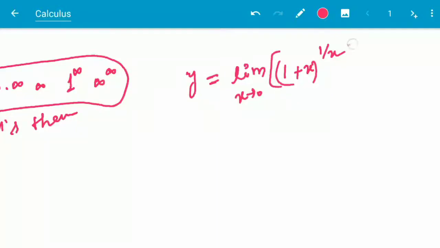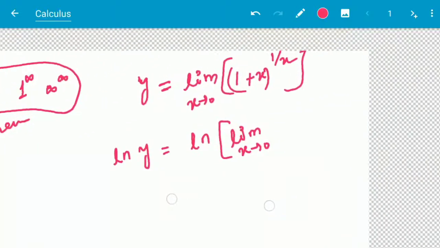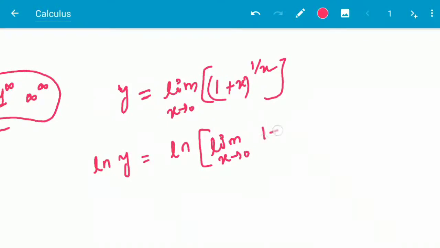This is given. This is actually the answer y, where we have to find out the value of y. So if we take logarithm of both sides, ln y is equal to ln of limit x tends to 0 of (1 plus x) whole to the power 1 by x.